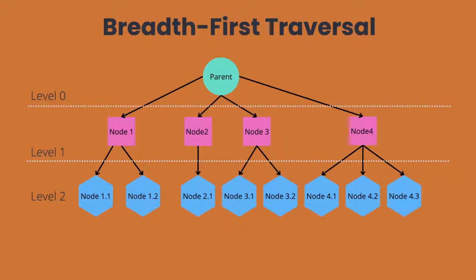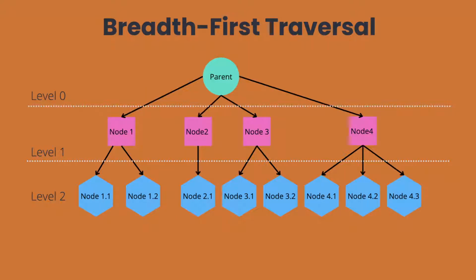We will find all the links for level 2 that are coming from node 1, 2, 3, and 4. So we will not just go level 2, pick up the node 1 child links, and then for each one of them, for instance, node 1.1 and node 1.2, we go down and find any child links.